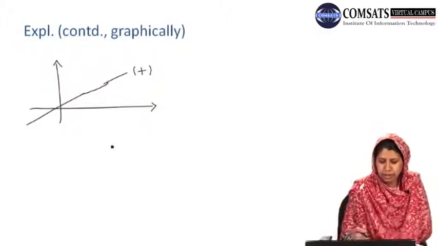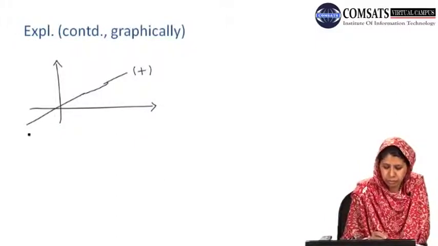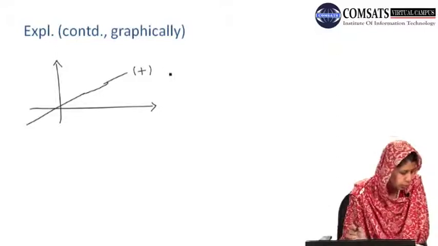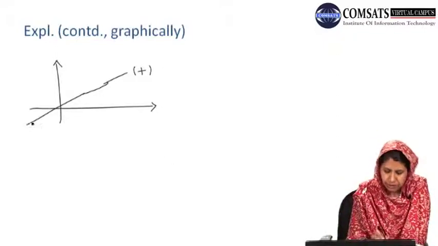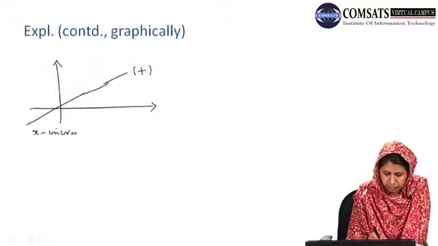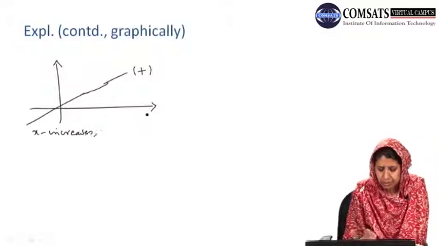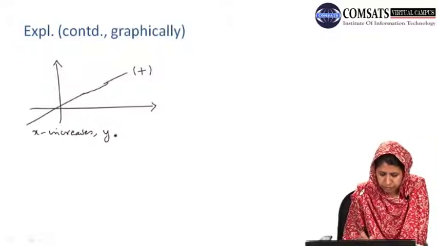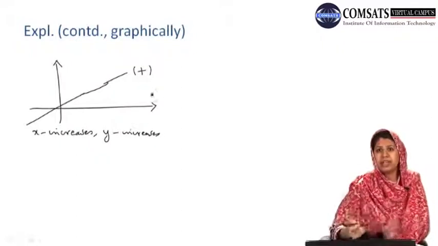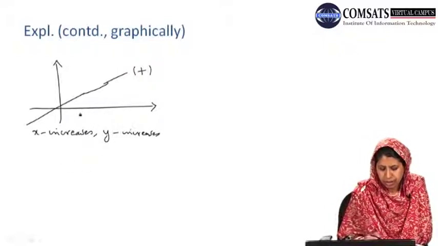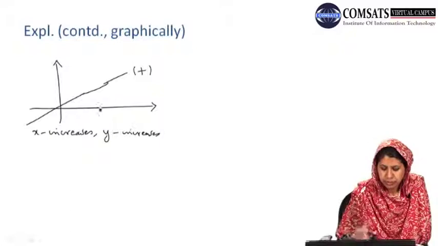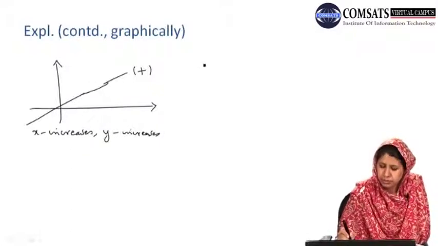This line goes from left to right, so it must have a positive slope, which means that as the value of x increases, the value of y also increases. That is, x and y are directly proportional to each other.